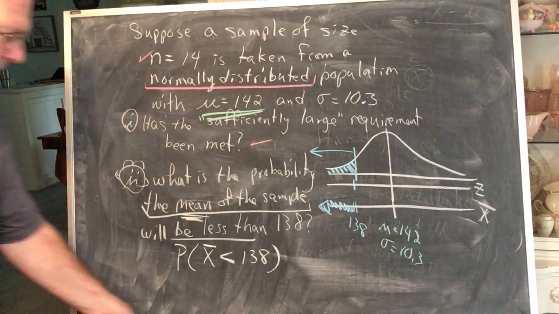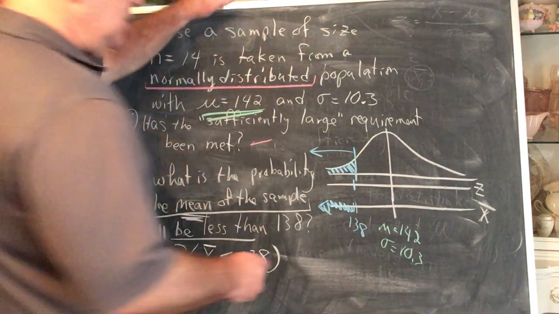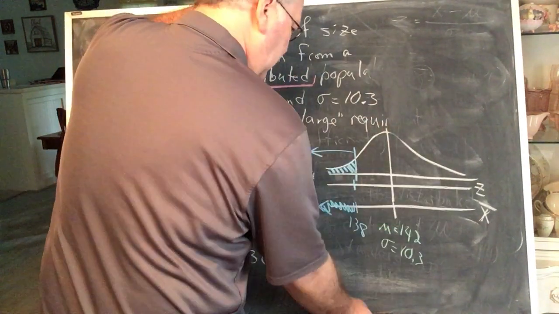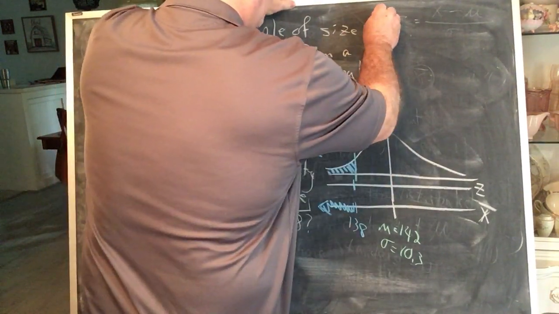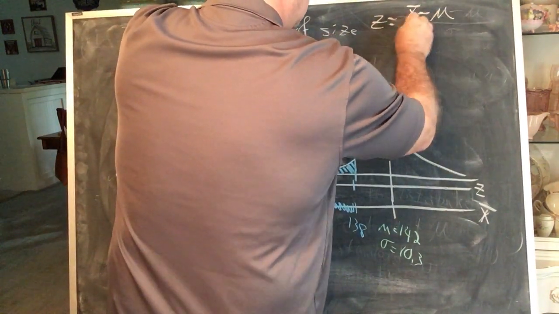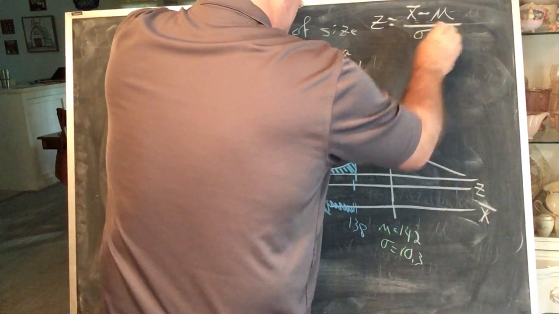So now the next piece is, how do we translate from the x-bar scale to the z-scale? Well, that's our new formula. Z is equal to x bar minus mu, and the denominator is now different: sigma over the square root of n.